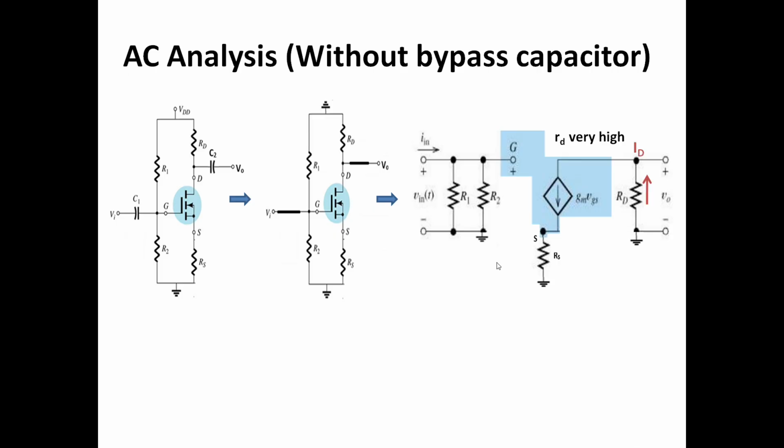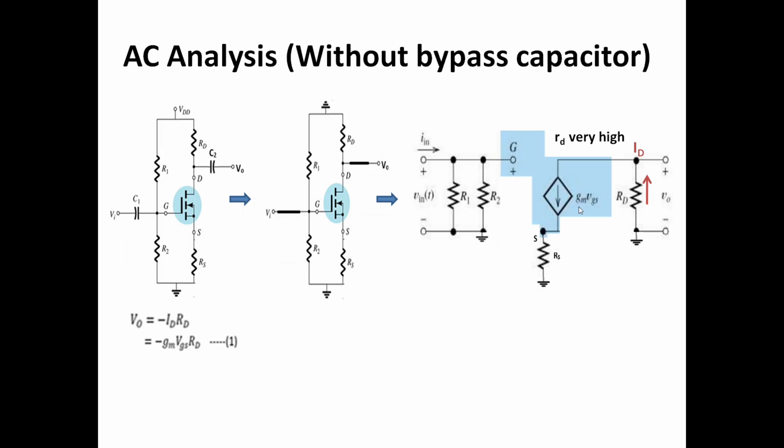Now the drain current is passing through RD. So this output potential V0 is nothing but the drain current into capital RD. As the drain current direction is opposite, a negative sign comes here. V0 equals minus capital ID into capital RD. Now this current ID totally flows through this voltage dependent current source, and the value is GMVGS.